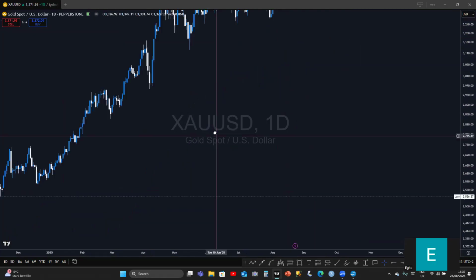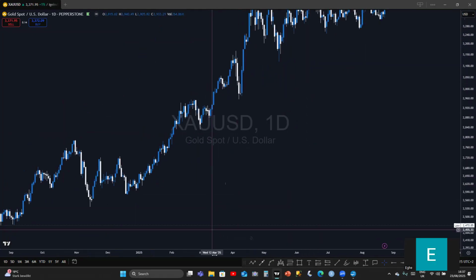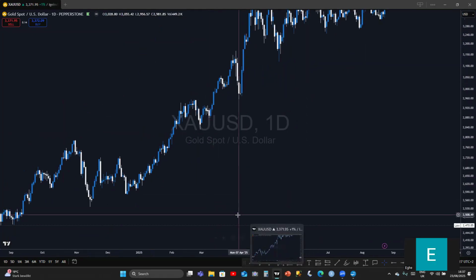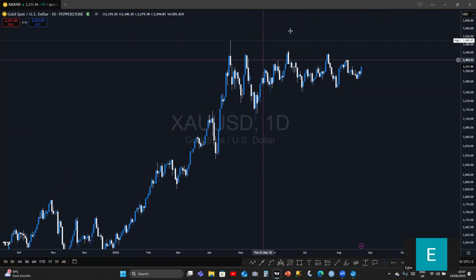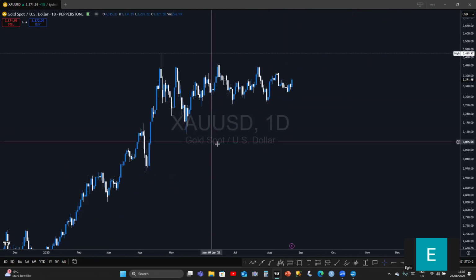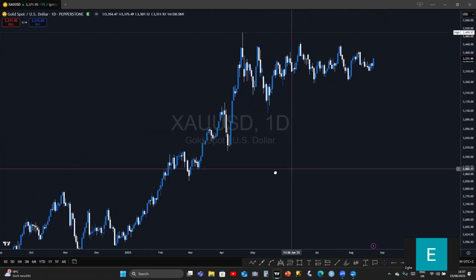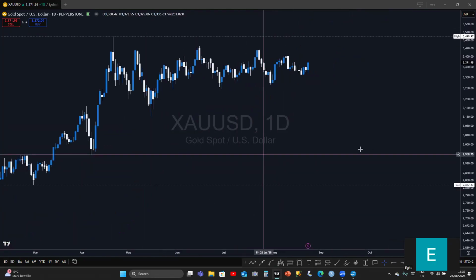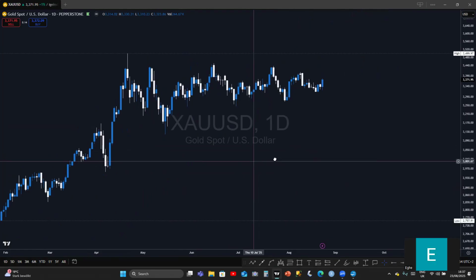For us to place our pending order and wait for price to come there so that we will be able to take position. So now that we have identified that it's a bullish trend, we will look at the structure very well.